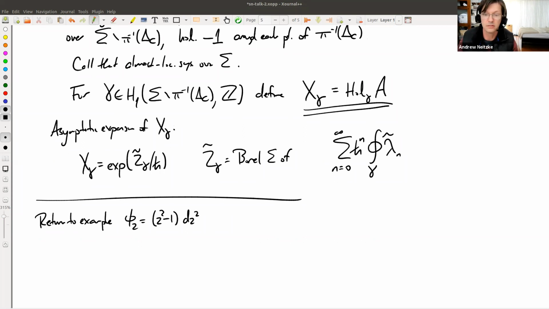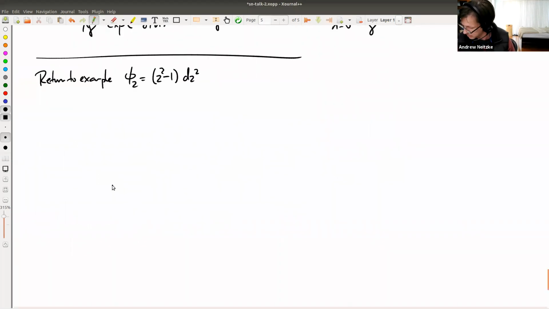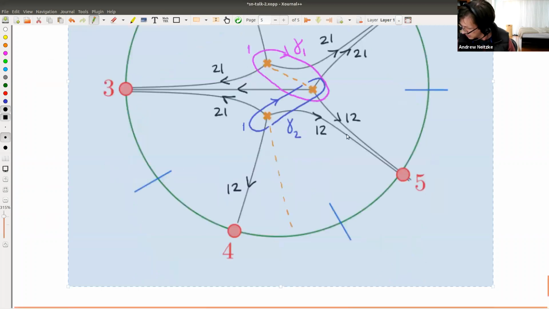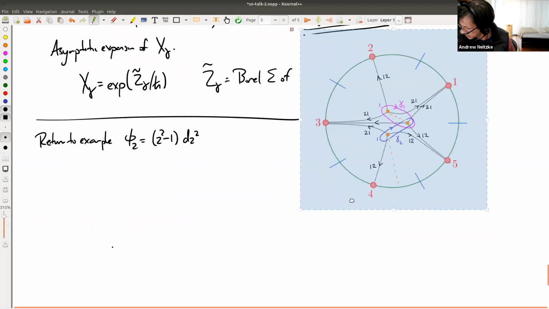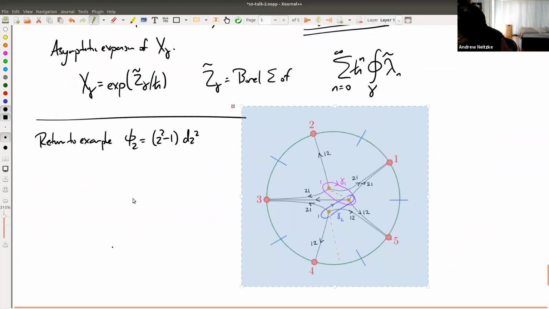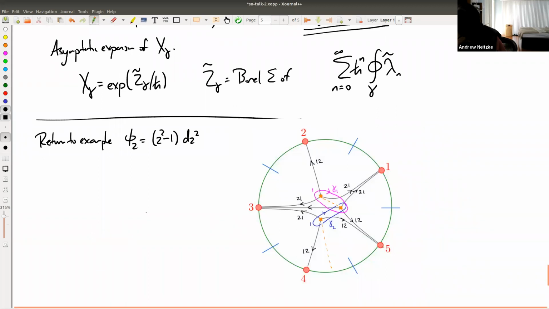Okay, so there's our picture in the plane with the 5 asymptotic domains and the spectral network drawn.